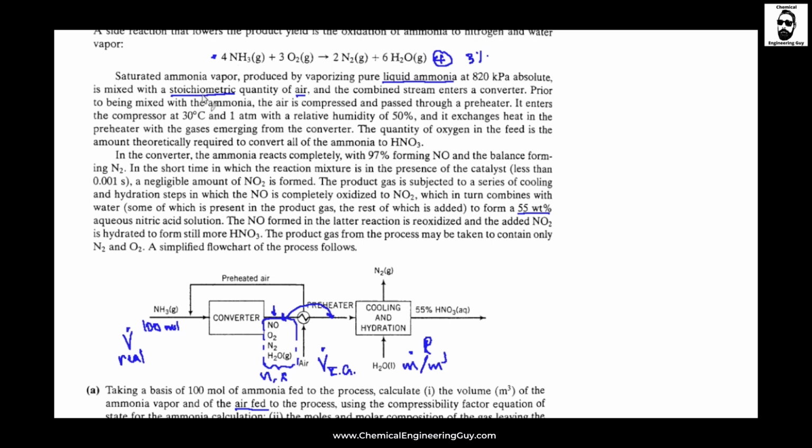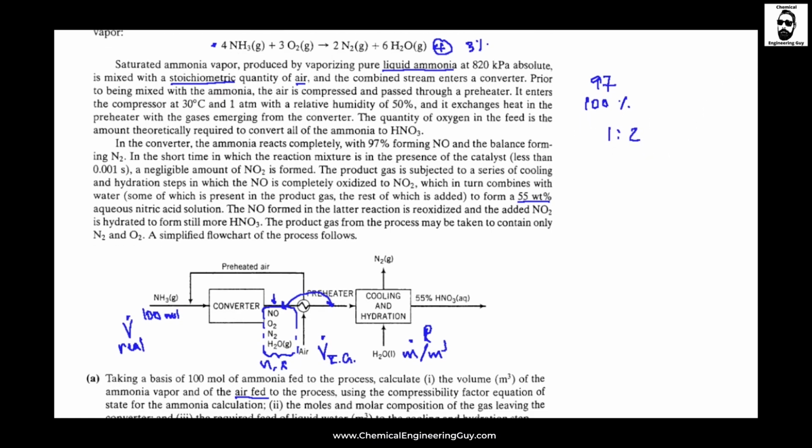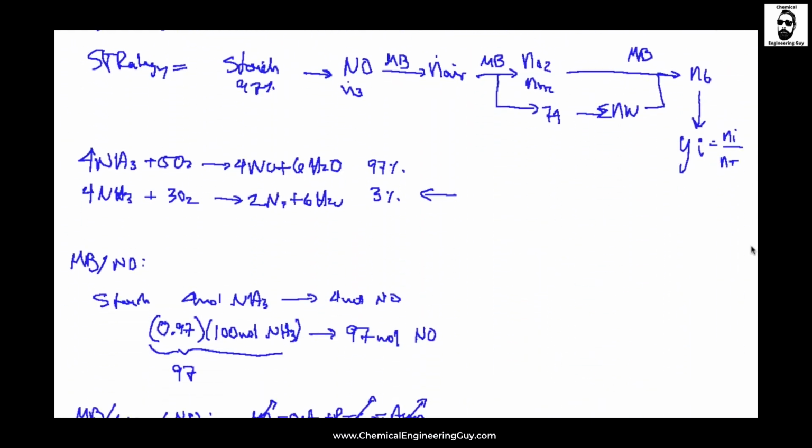Even though you only need 97%, you're going to overdo this for 100%. You don't care, you just want to be sure that you're going to get 1 mole of ammonia for each 2 moles of oxygen. So that's why I use 100 here, guys.